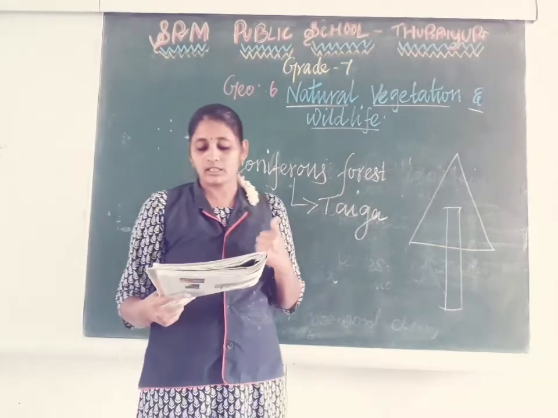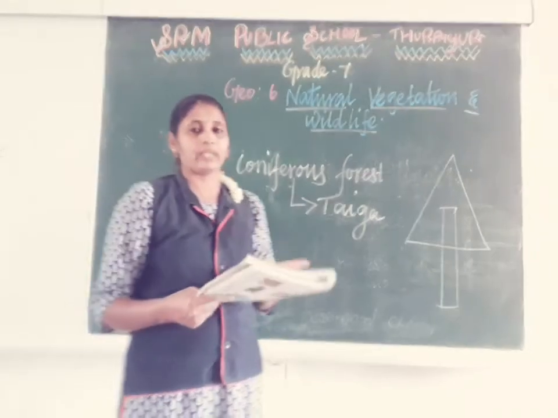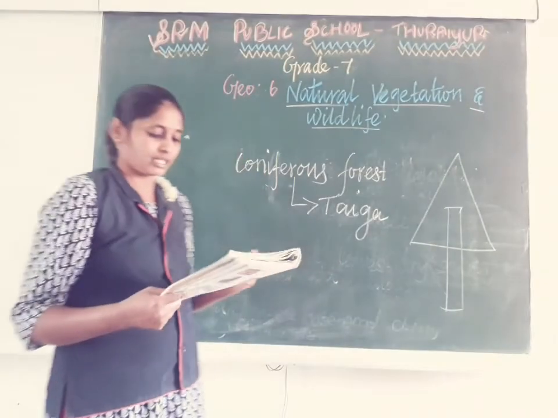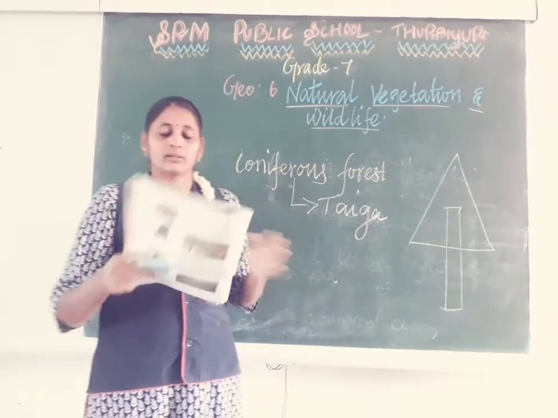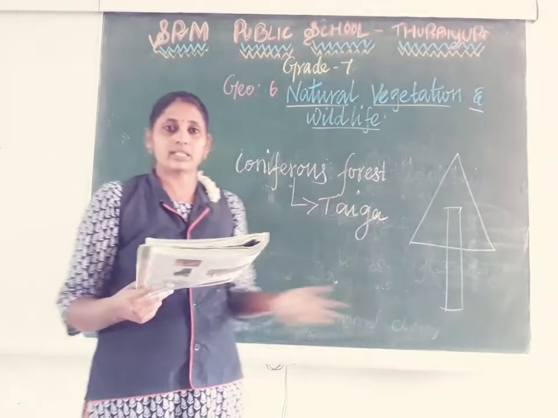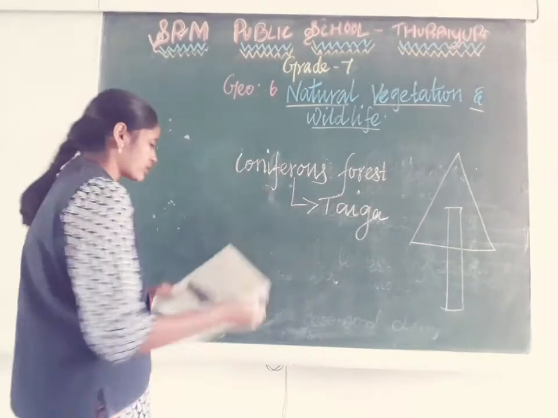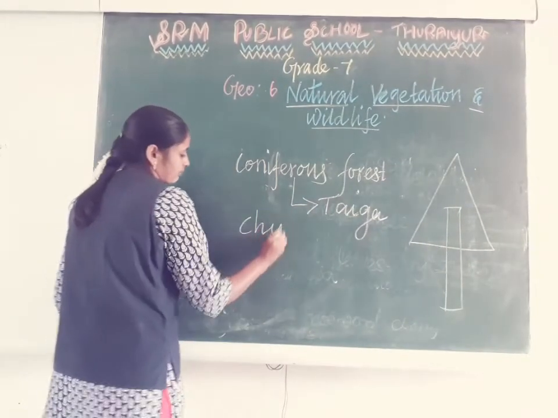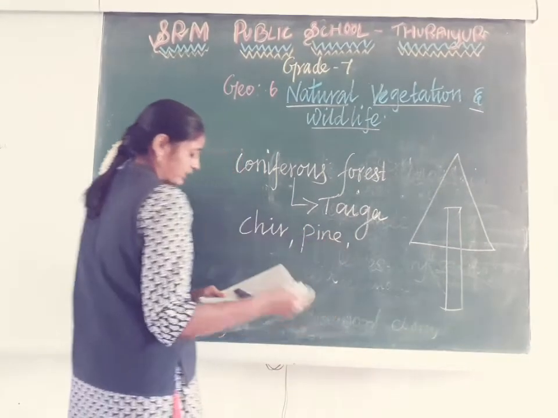Particularly cricket bats are made from these forest trees alone. Okay, so matchsticks and packing boxes are made from these softwood trees alone. Okay, so what are the trees we can see in this forest means chir, pine, cedar.